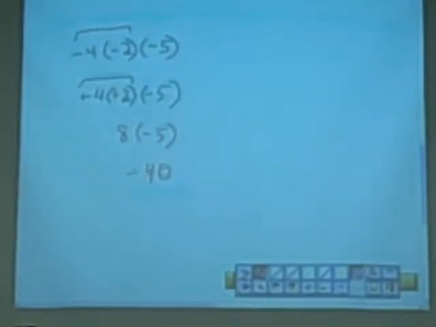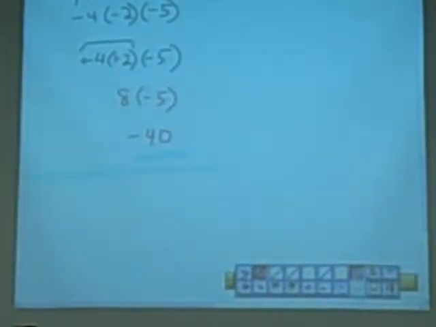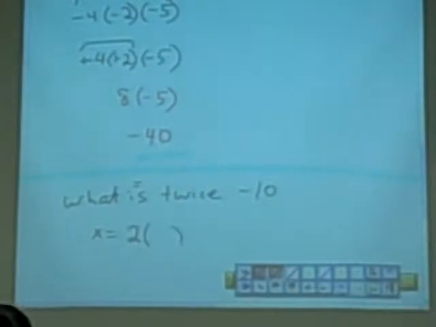Okay, now let's say we have a written phrase here. What is twice negative 10? Now technically, you could look at this as x equals, twice means 2 times, right?